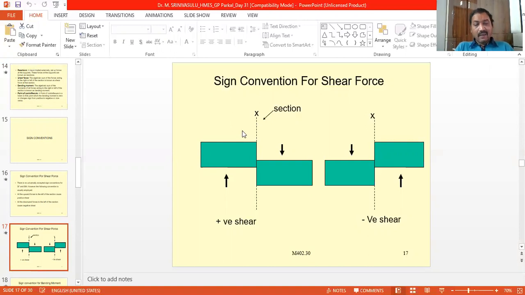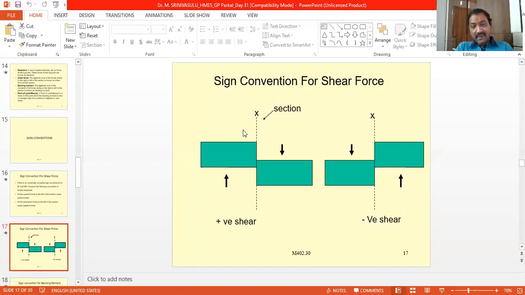When you take a section at any point on the beam, the algebraic sum of the forces acting to the right must be equal to the algebraic sum of the forces acting to the left of the section.